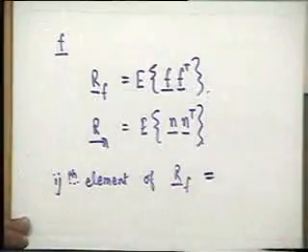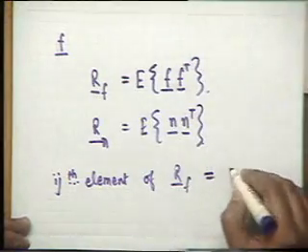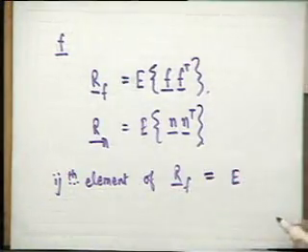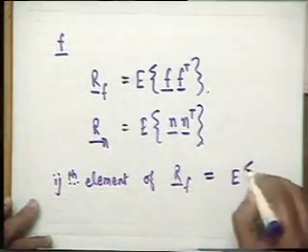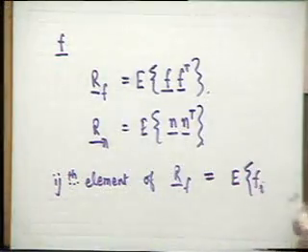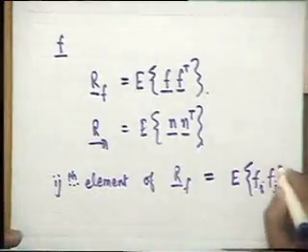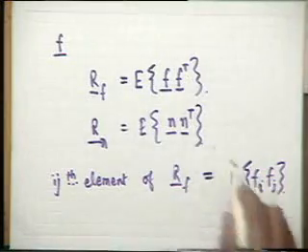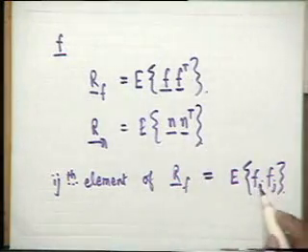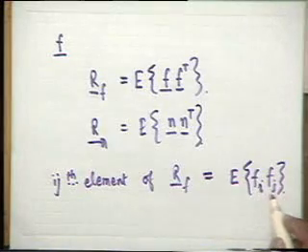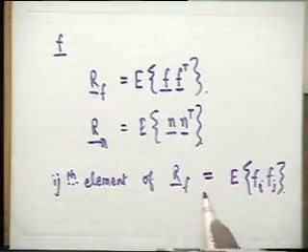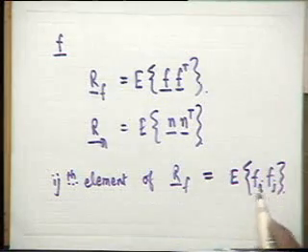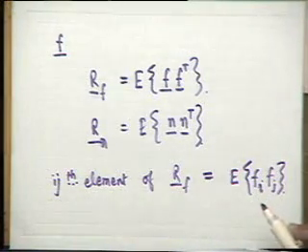The ijth element of Rf is going to be equal to the expectation of Fi Fj, where Fi is the ith element of the F vector and Fj is the jth element of the F vector. I am not writing this in vector form because these are elements. So the ijth element of Rf is equal to the expectation of Fi Fj. Alright.